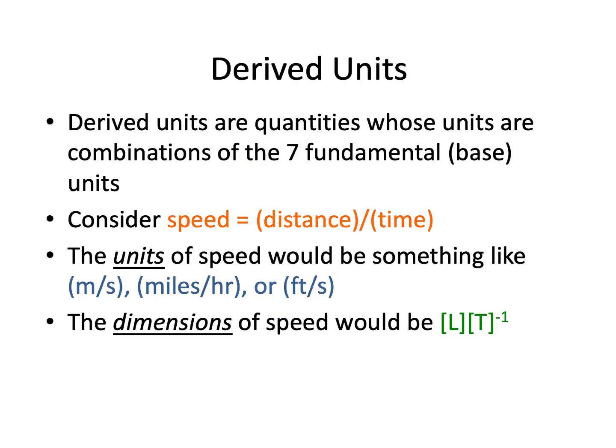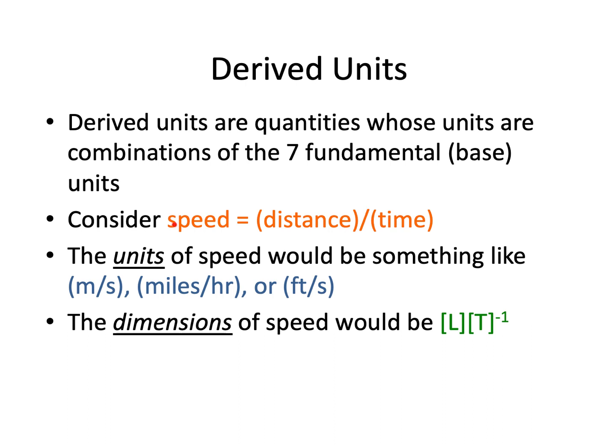Now, we have talked about the 7 fundamental units. And we said earlier that we can combine those in ways to make more complicated concepts. And so derived units are essentially the units for concepts that are generated by combining fundamental units. What do I mean by that?